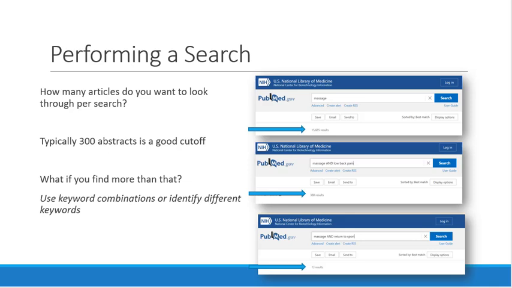So the next one shows massage and low back pain, and 380 results came up. So this is one of those areas then, if I was doing a systematic review or a scoping review, I would really start to think, do I want to go through all 380 or do I want to try to add another word in?